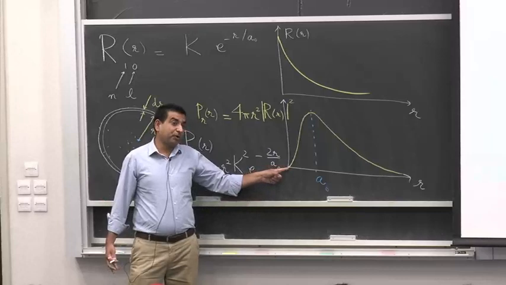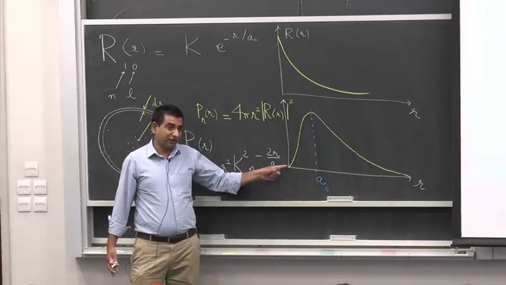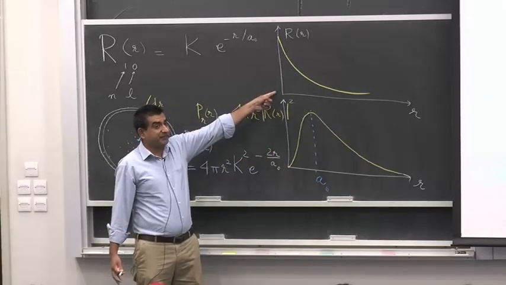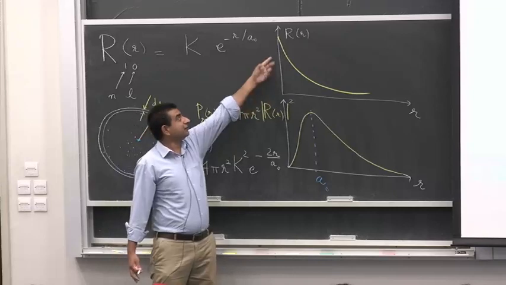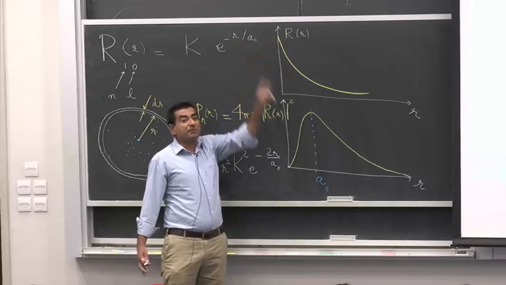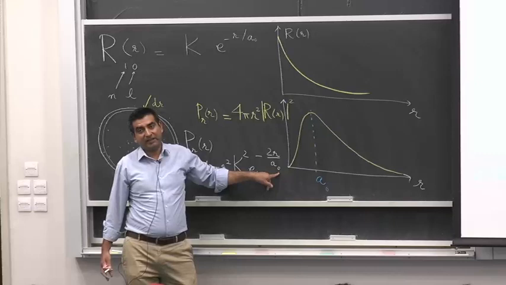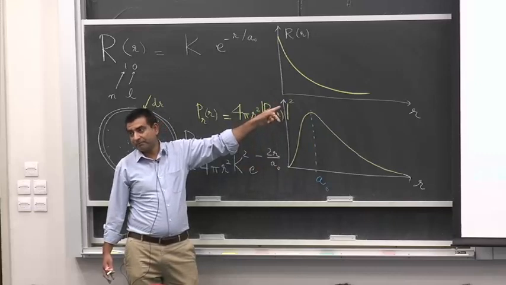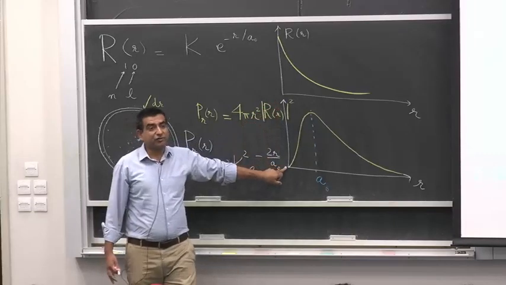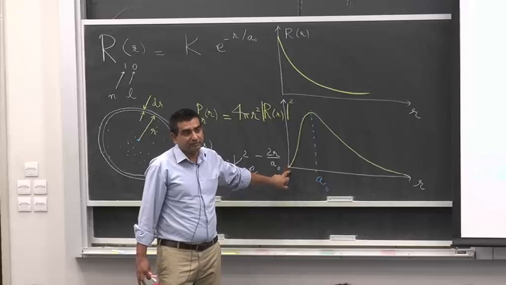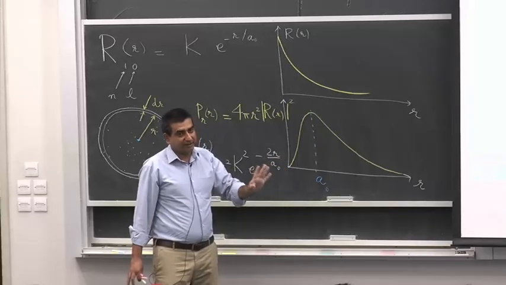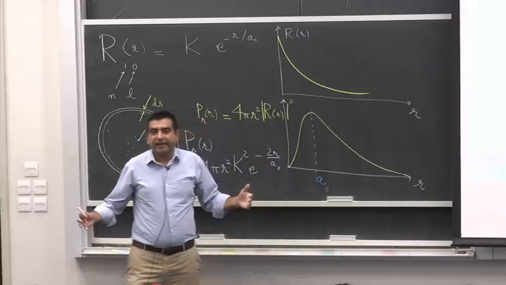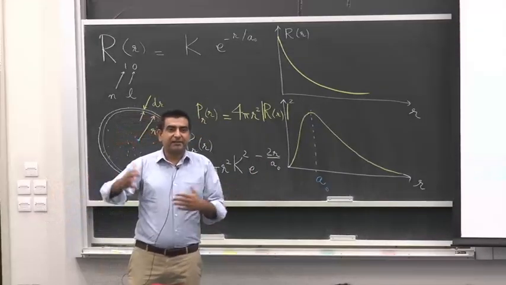So there is 0 probability of locating the electron at the nucleus, even though this bare wave function shows that R is maximum, but probability density is 0, even though R is maximum. So you can't find the electron at the nucleus. This is forbidden for the electron, and this is in good agreement with uncertainty.